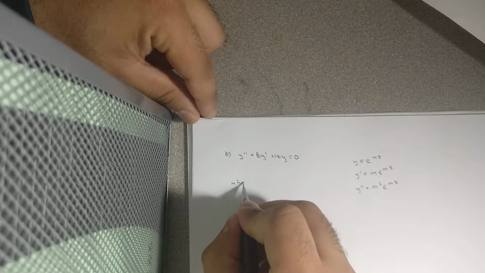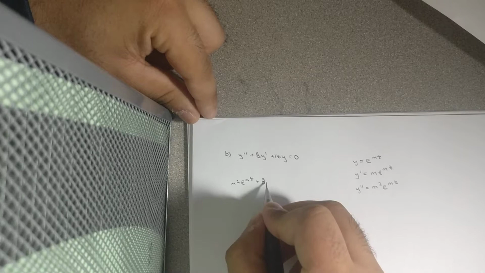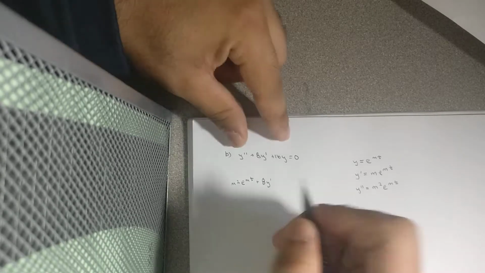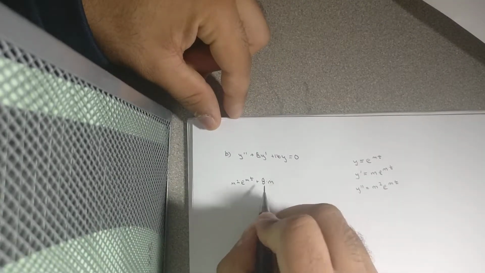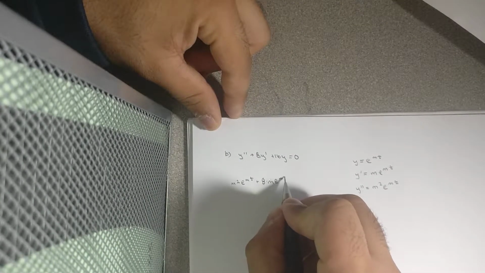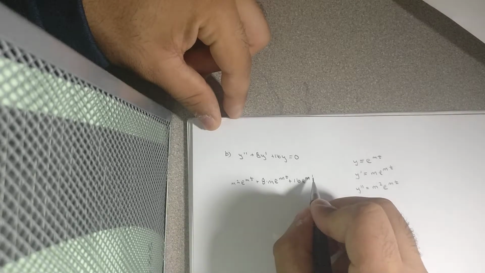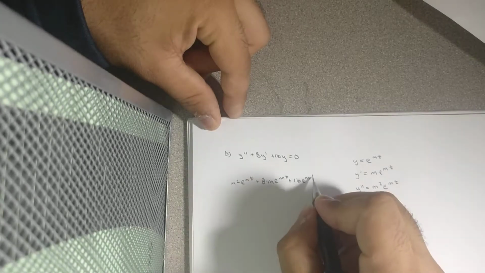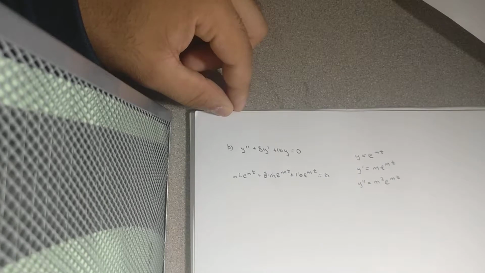We're going to get m squared e to the mt plus 8y prime, y prime is m e to the mt, plus 16e to the mt equals 0. So again, we can factor out the e to the mt, and then that will lead us to the auxiliary equation, which we can solve for the roots.